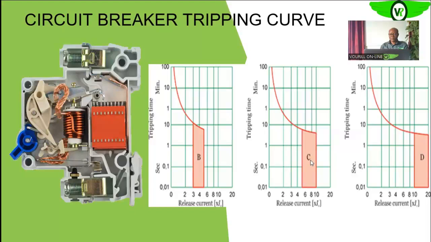If you take a B circuit breaker for such an instance, since it will be seeing something above this area during startup, you'll have nuisance tripping, which means your equipment will not be allowed to come on because of the wrong choice of circuit breaker.